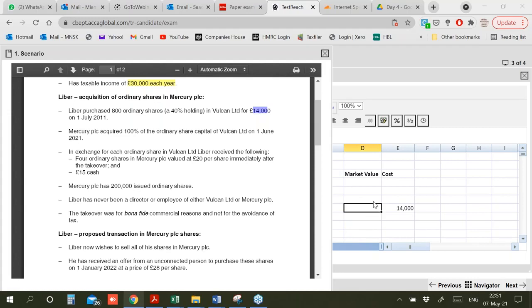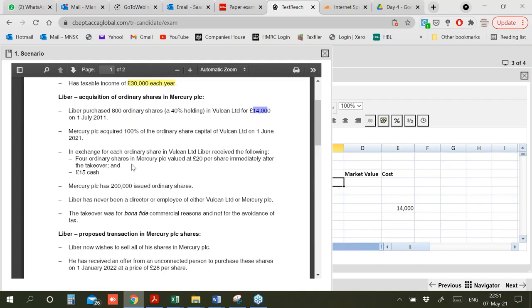Every time you calculate takeover calculations, always write the total cost first, which we are going to split. After that, you have to see how many shares you have received in return as a result of the takeover, and how much cash you have received.